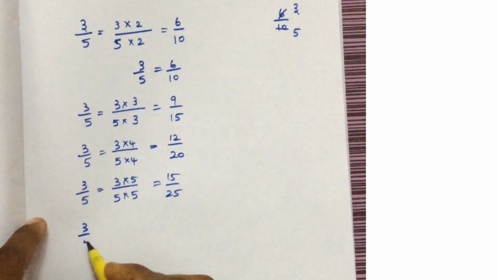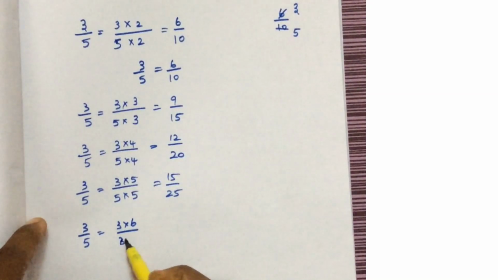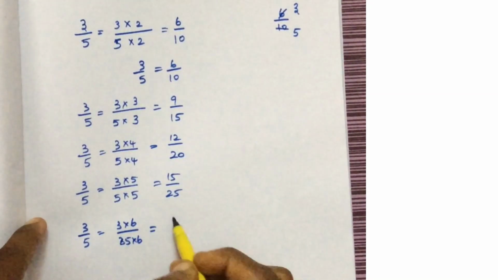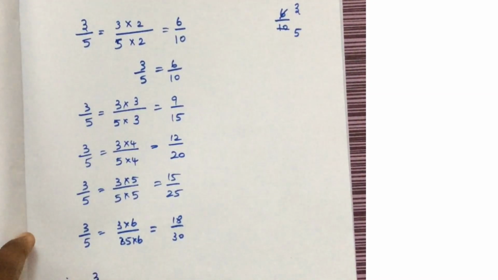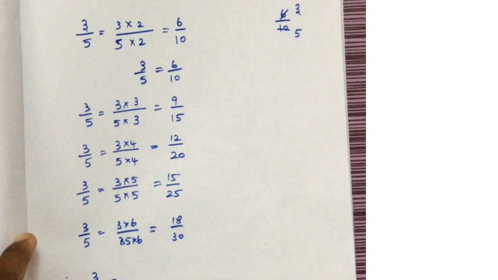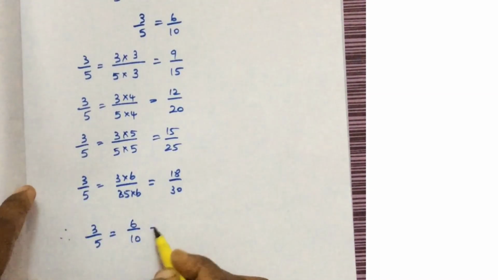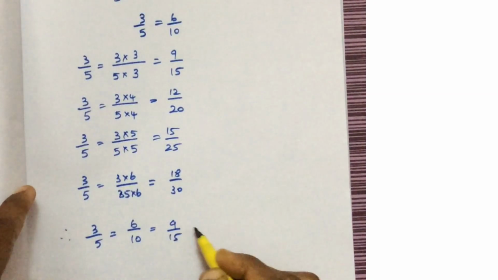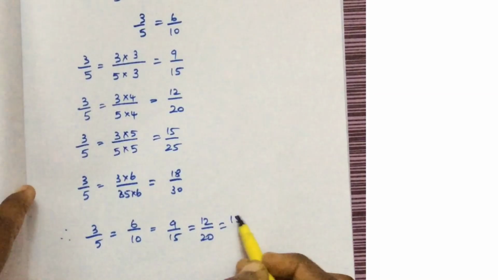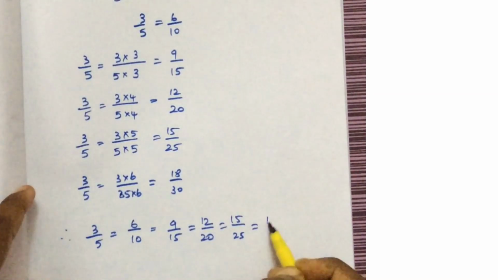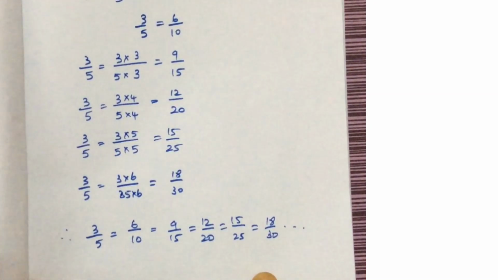Okay, next 3 by 5, I am multiplying by 6, this is 18 by 30. Therefore 3 by 5 is the same as 6 by 10, 9 by 15, 12 by 20, 15 by 25, 18 by 30, and it will go on. Okay, these are called equivalent fractions.